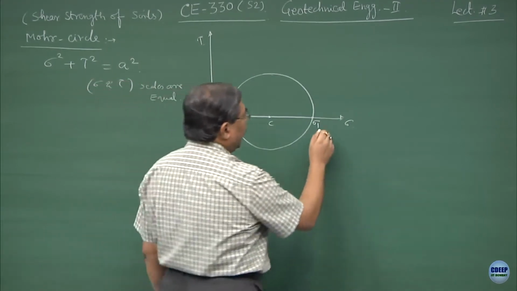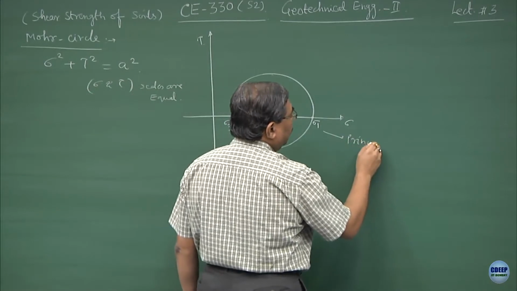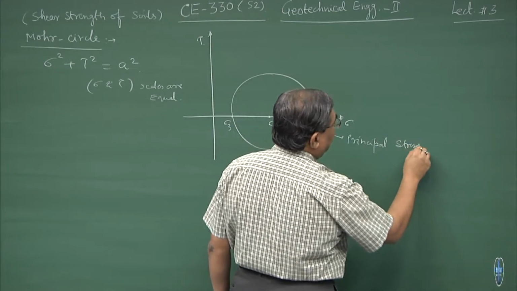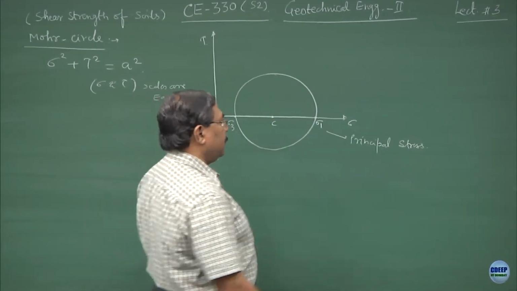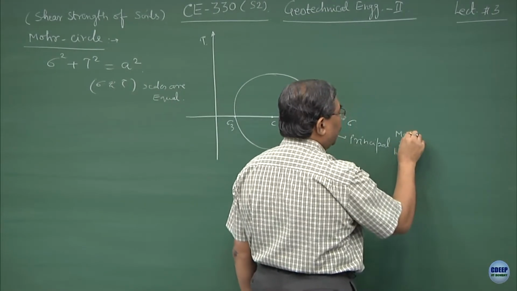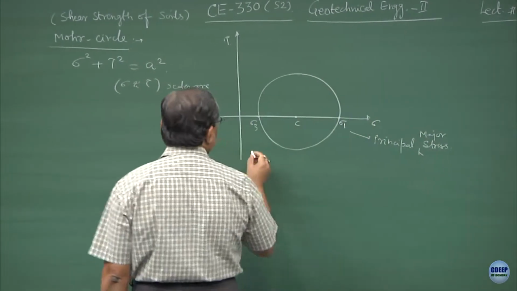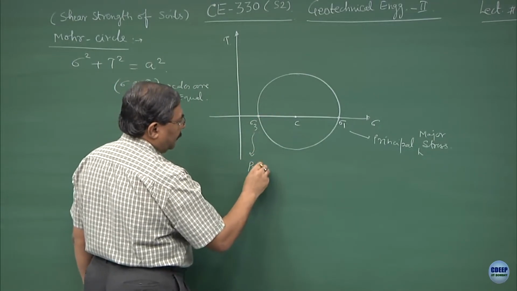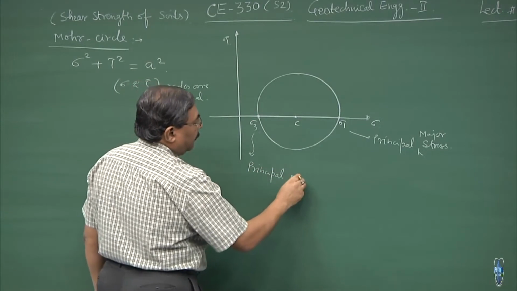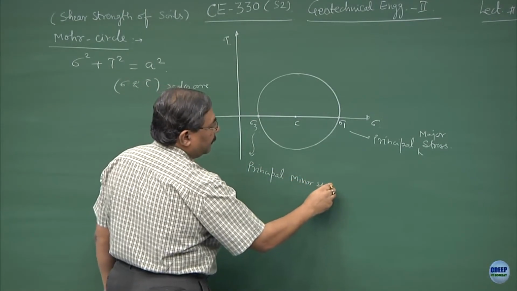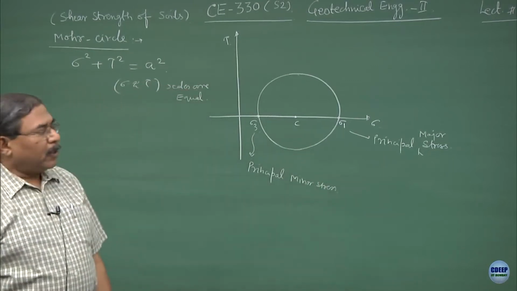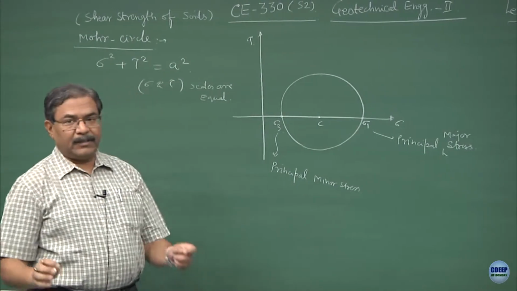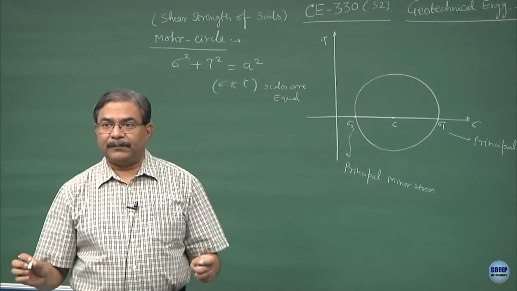We call this sigma 1 the principal major stress, and sigma 3 is this point, we call it the principal minor stress. So in short, this Mohr circle defines the state of the material at which the system remains in equilibrium.